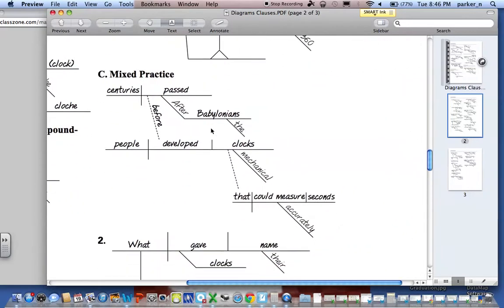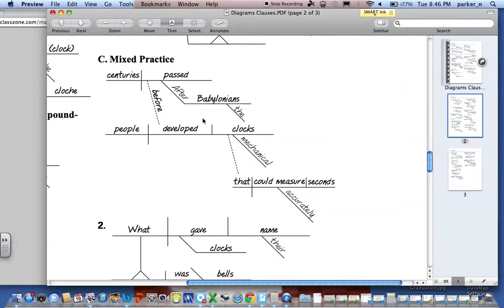So here's the first one. Centuries passed. When did they pass? After the Babylonians. Tells us when. Then before, on the dotted connecting line, people developed clocks. What kind of clocks? Mechanical. And then what kind of clocks? That could measure seconds.